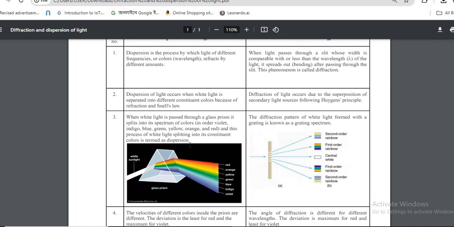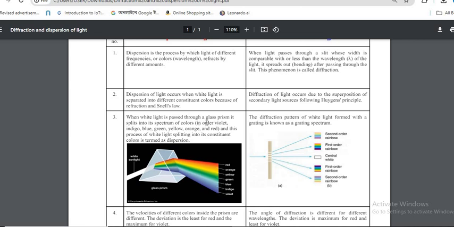Now the simple examples. The example of dispersion is the case of a prism. When white light falls here, a different amount of refraction will be observed. In this case, red will refract the minimum, whereas violet will refract the maximum.